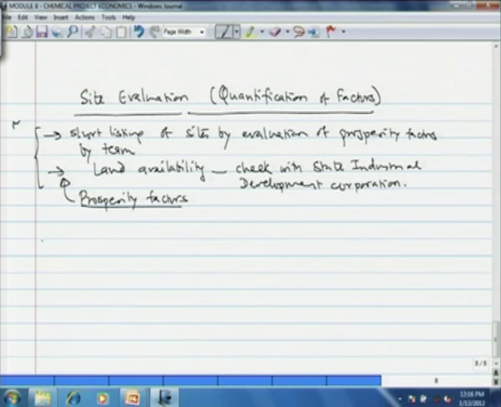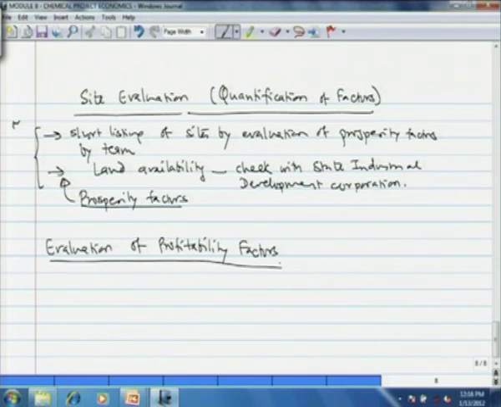Now, let us see the evaluation of the profitability factor. Profitability factor evaluation begins with estimation of the project cost for any one of the shortlisted sites by the team after assessment of the prosperity factors.